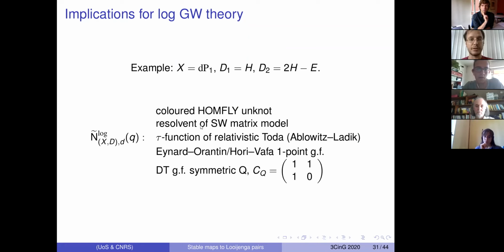They're the resolvent of some matrix model, the Stieltjes-Wigner matrix model, so they can be computed using orthogonal polynomials. They're a tau function of the relativistic Toda hierarchy. They can be computed using the Eynard-Orantin topological recursion, and they're related to a quiver partition function for a symmetric quiver with two vertices and one loop.